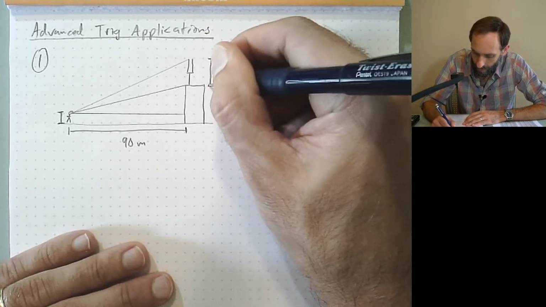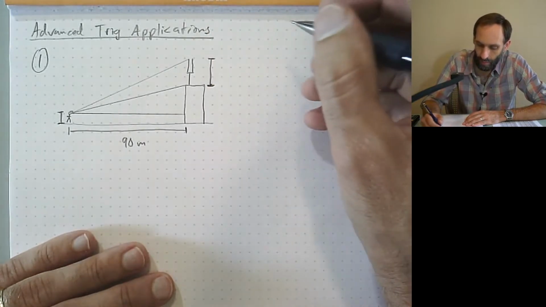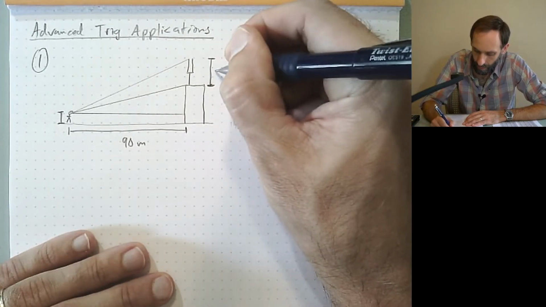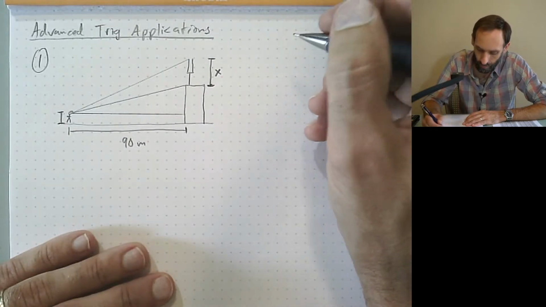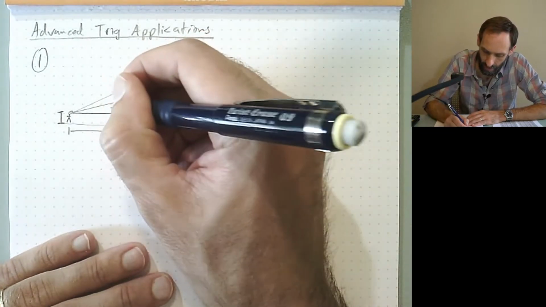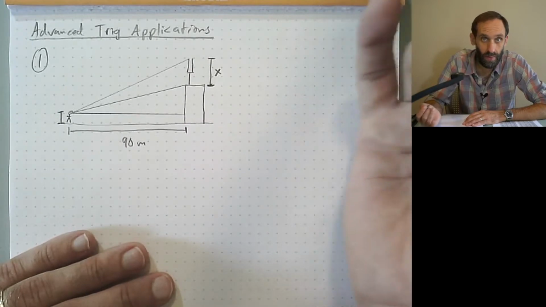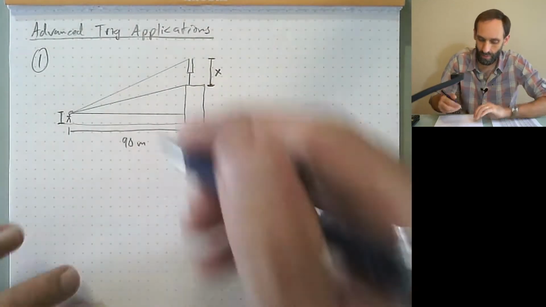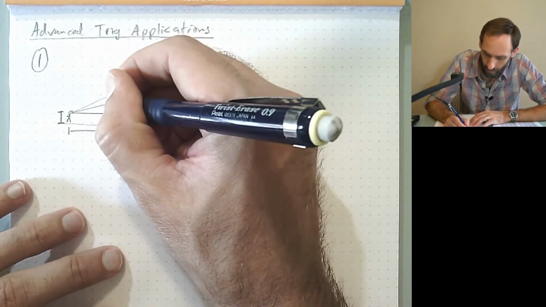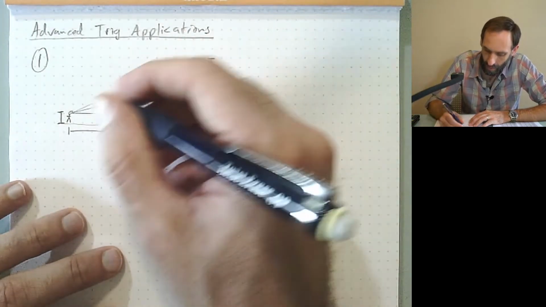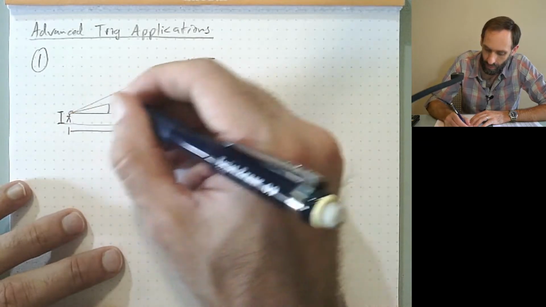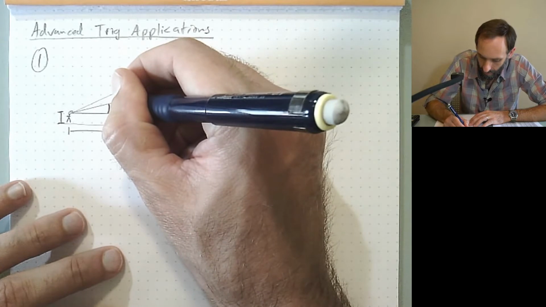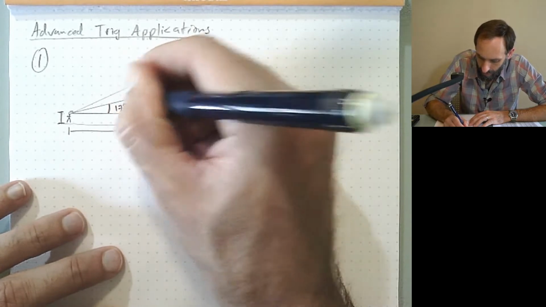That length right there, we'll call x. Now we need to specify some angles. The person has some device for measuring angles of elevation, a transit, a phone, that they line up. We'll say the angle of elevation they measured to the top of the building is 17 degrees.